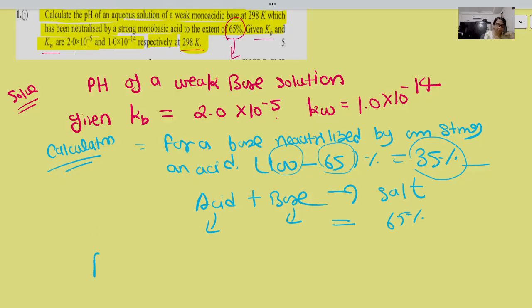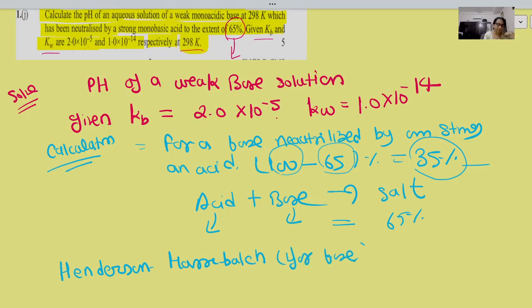Okay, now put the values in the formula. So what is the formula? For the calculation of the pH of any acid, base or salt, we can use the Henderson-Hasselbalch equation, here the Henderson-Hasselbalch equation for base.